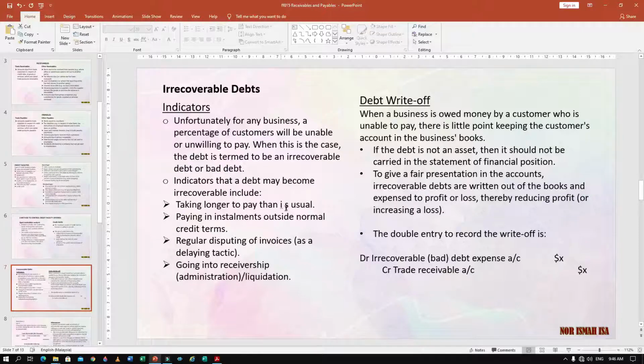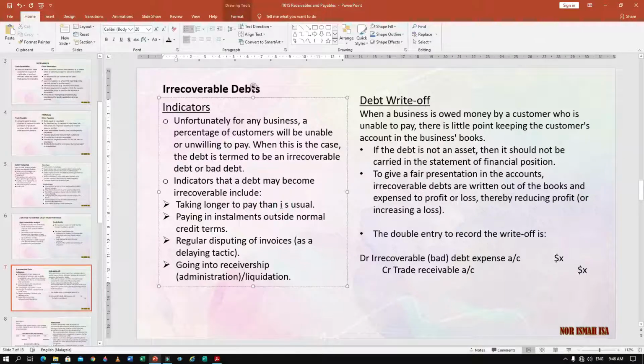This customer starts to pay late, let's say 1 month, then it becomes 3 months to pay, and paying in installments outside the normal credit terms, as when the invoice says payment is in 2 months, but the customer pays in 3 months. Regular disputing of invoices. Going into liquidation, so the customer becomes bankrupt. So if this happens, the debt should be written off.